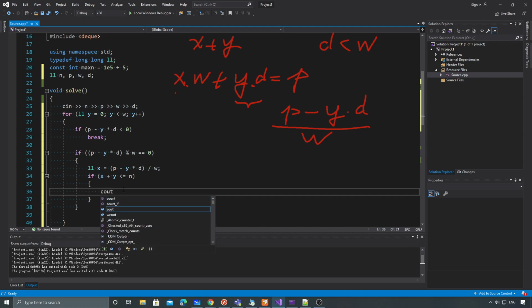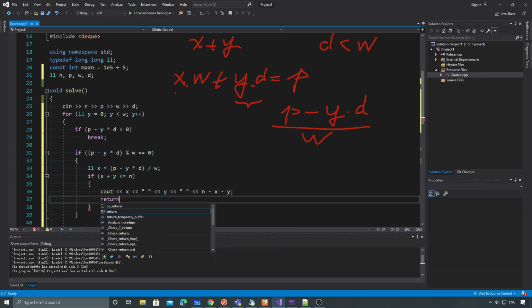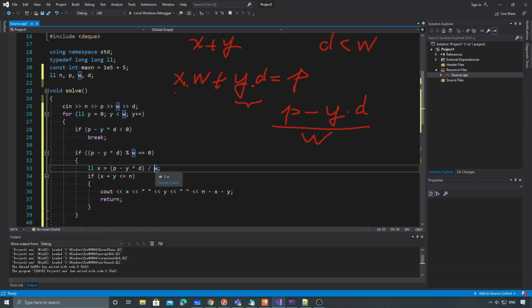But if it is within range, then we can simply output the answers here: X, Y, and then N minus X minus Y, that's Z basically, and then we return from here.